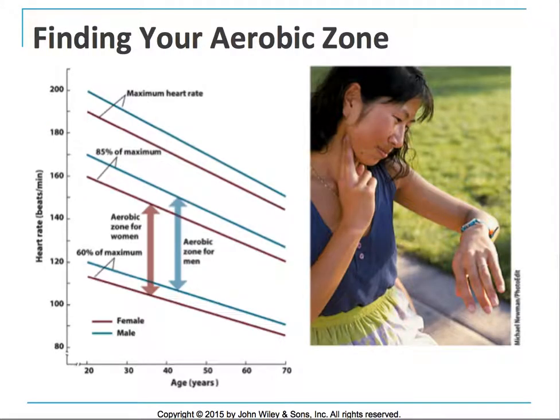This graph comes right from your text, so if it's difficult to read, you can always check it out there. This graph is showing you how to find your aerobic zone. Across the bottom, the x-axis is age in years, and up the left-hand side, the y-axis is heart rate in beats per minute.